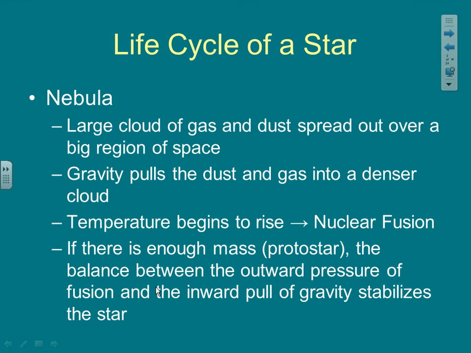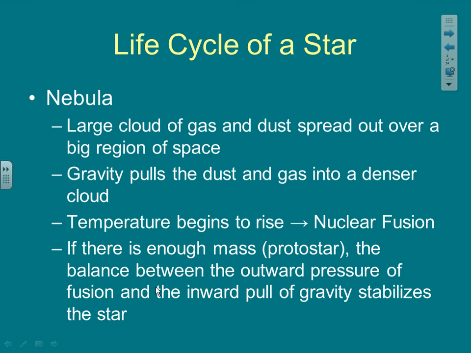Gravity is pulling everything together. As fusion starts, it starts releasing energy. And as things release energy, they get hot. They make the things around them hot. And when things are hot, what do they generally do?